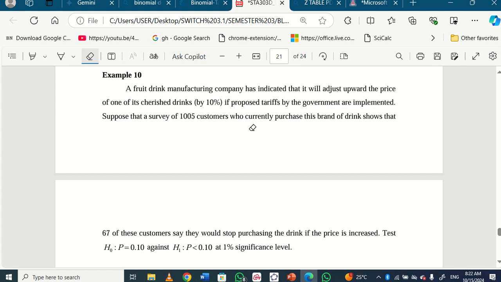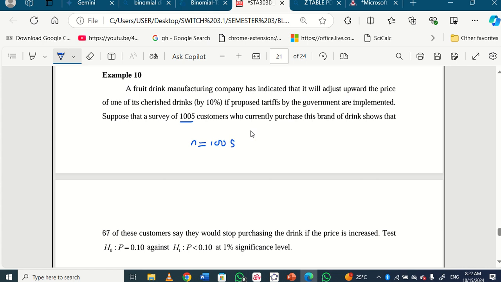Suppose that a survey of 1005 customers, so it means that this 1005 becomes our sample size, who currently purchase this brand of drinks, shows that 67 of these customers say they will not purchase if the tariff should go up.